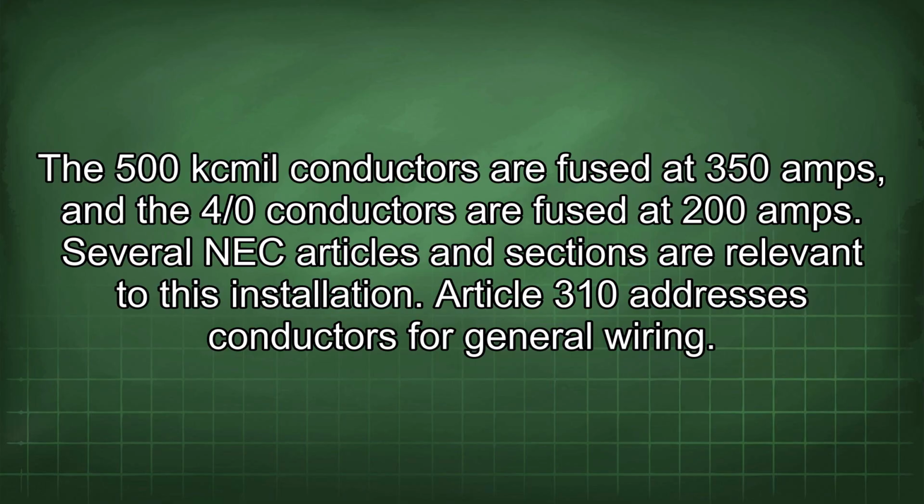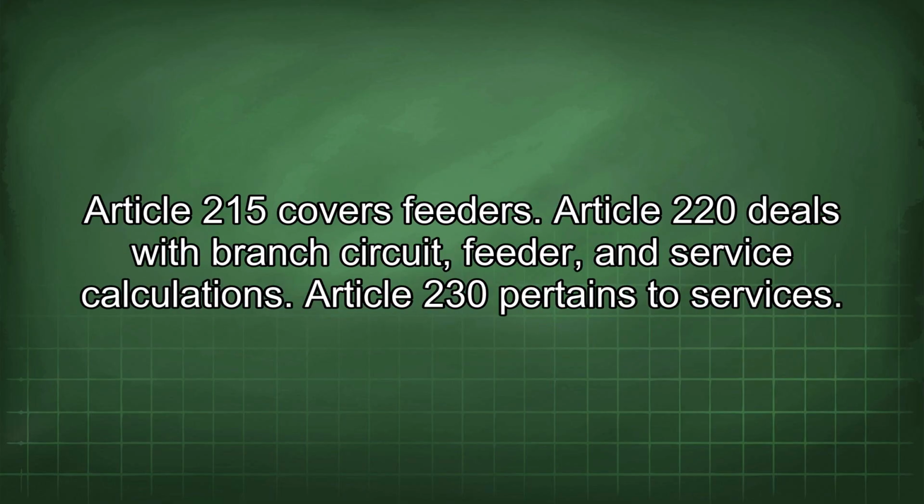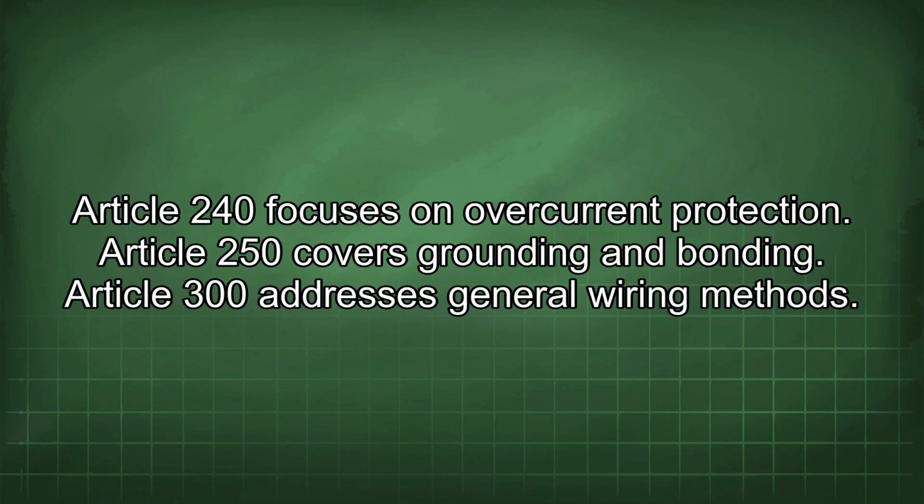Several NEC articles and sections are relevant to this installation. Article 310 addresses conductors for general wiring. Article 215 covers feeders. Article 220 deals with branch circuit, feeder, and service calculations. Article 230 pertains to services. Article 240 focuses on overcurrent protection.